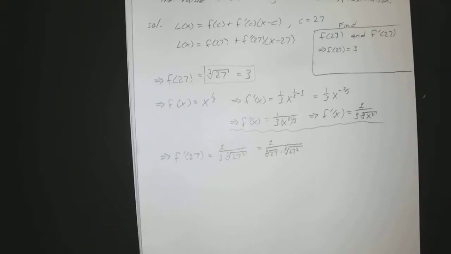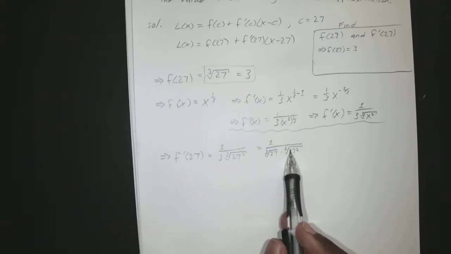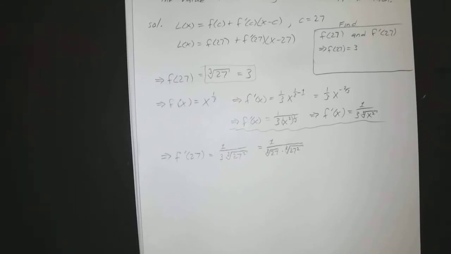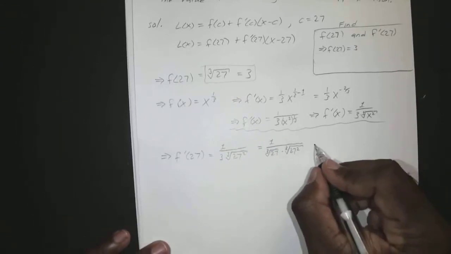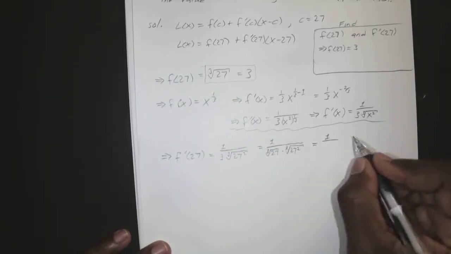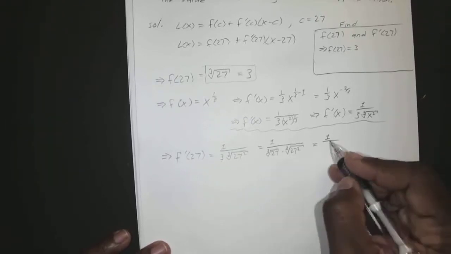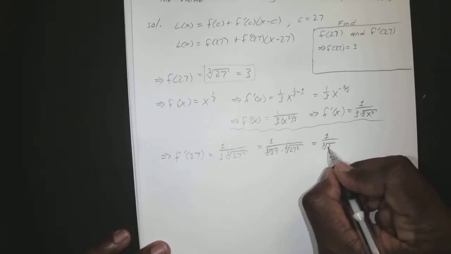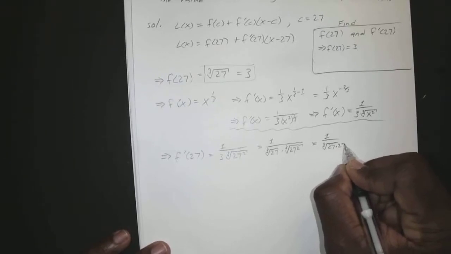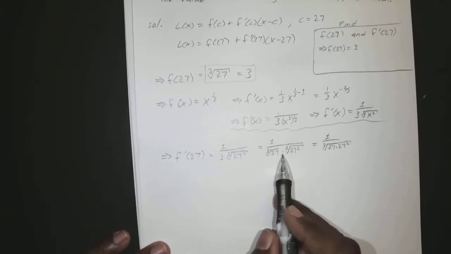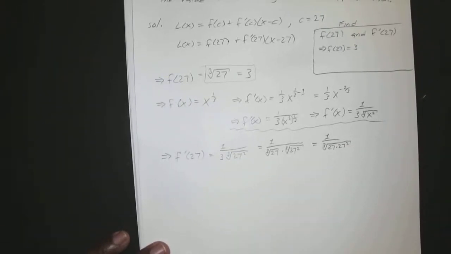Now remember, if you have the same index on both radicals and they're multiplying, you can combine them. So this can just equal 1 over the cube root of 27 times 27 squared. All we did was combine those two, which is the cube root of 27 cubed.